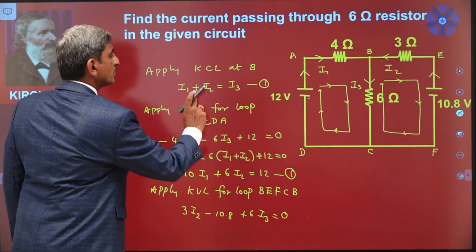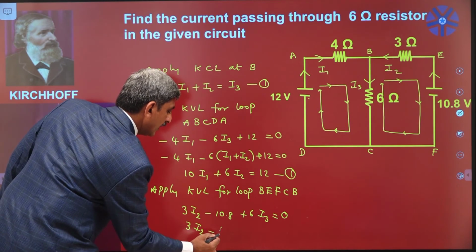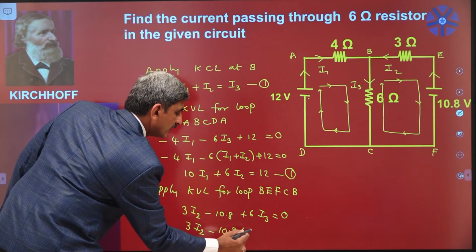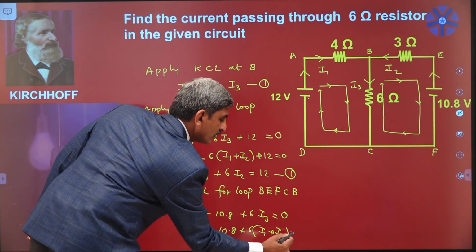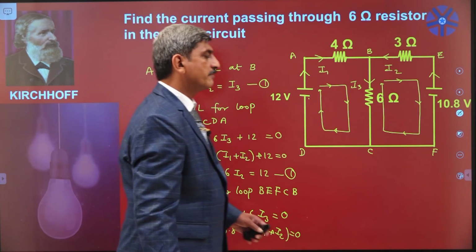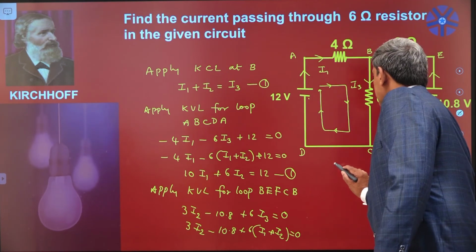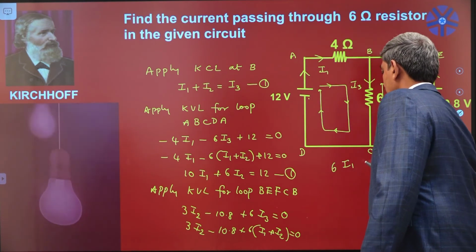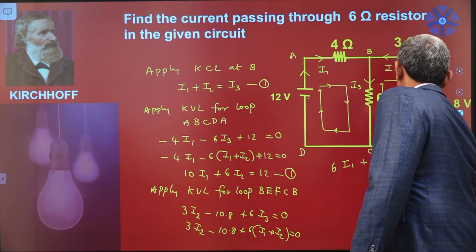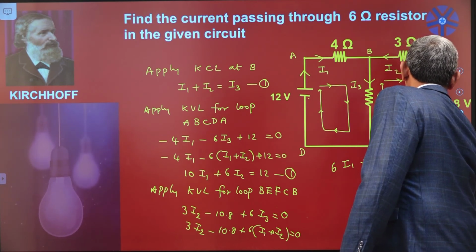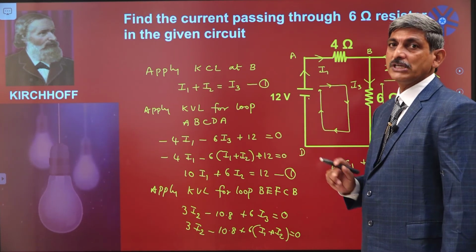Again, by substituting I3 is equal to I1 plus I2, we have 3I2 minus 10.8 plus 6 of (I1 plus I2) is equal to 0. By expanding the bracket and rearranging the terms, we have 6I1 plus 9I2 is equal to 10.8. Equation number 2.